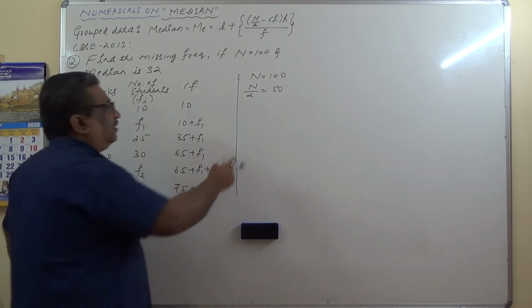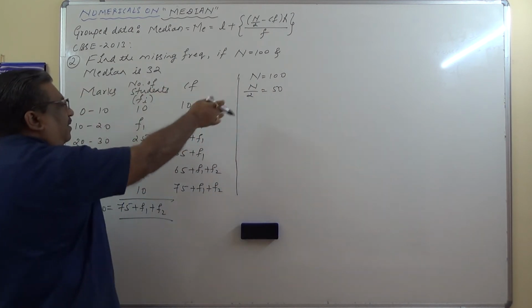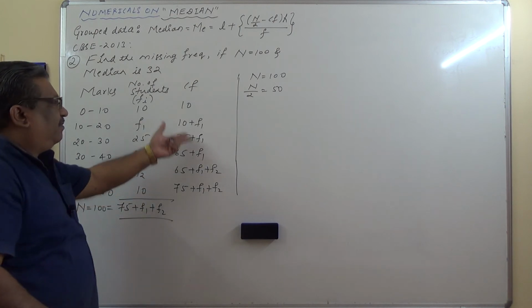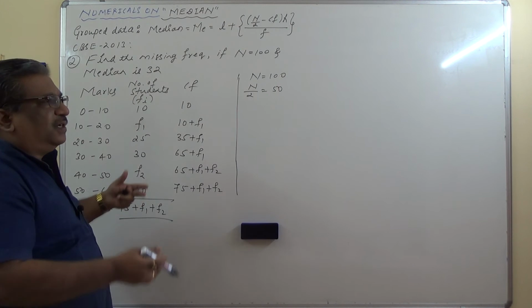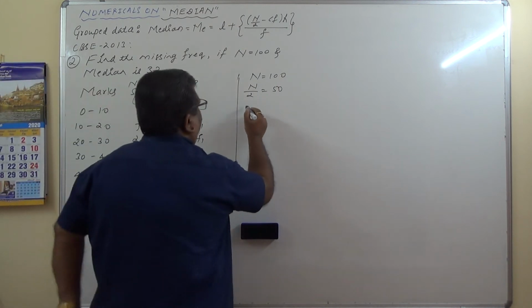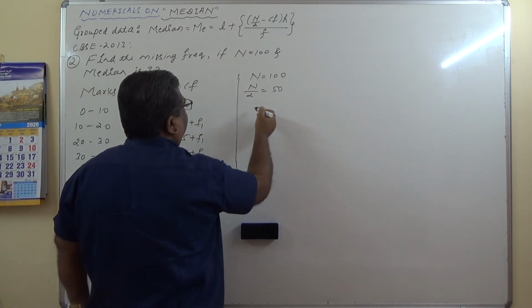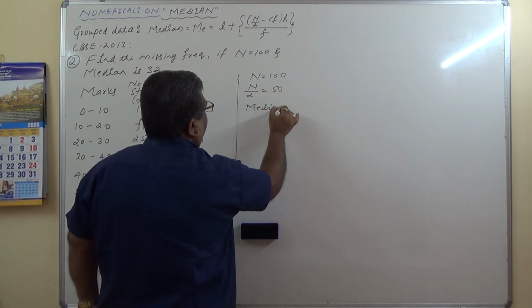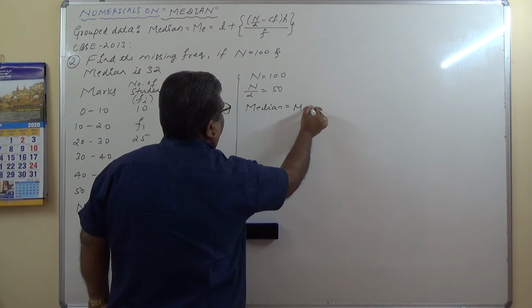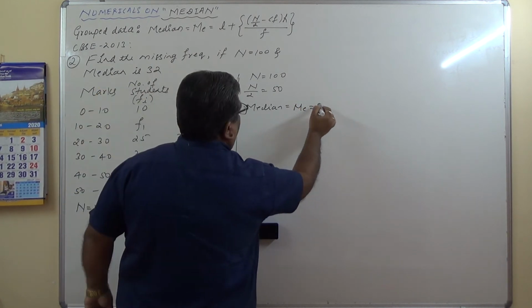Before that, rather than locating, if you want to locate 50 here, it is not possible because F1 can take any value, and therefore the important information given I will write it. What is that one more important information given here? The median is equal to 32.